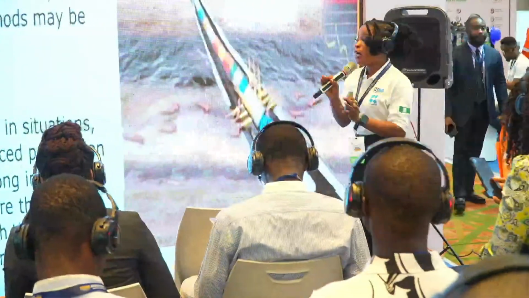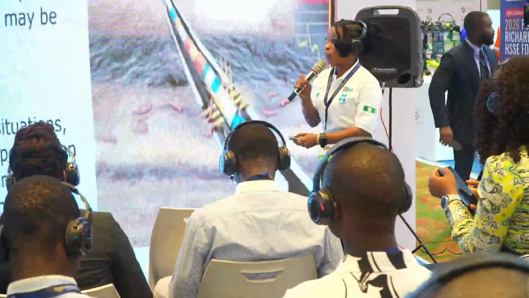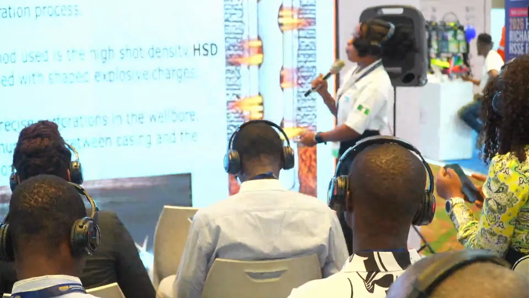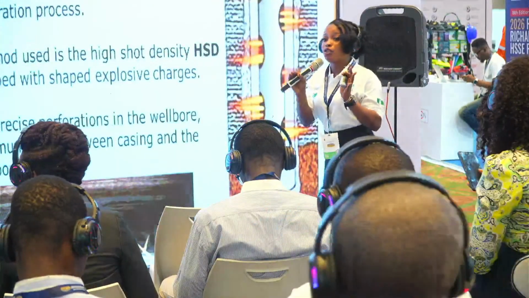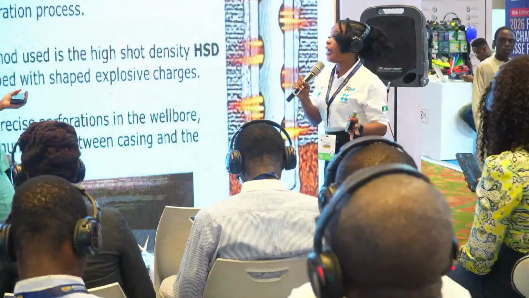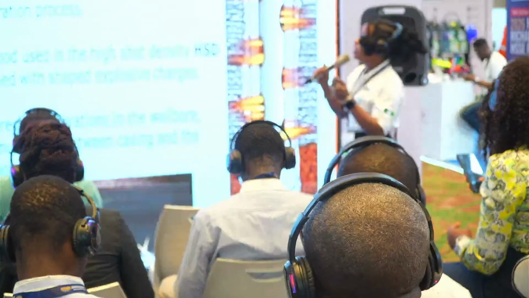Where wireline cannot get to, then we deploy TCP guns. So our firing mechanism, this is just how our guns are being triggered or how they are activated to fire.